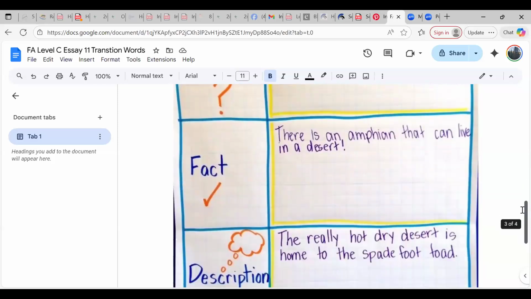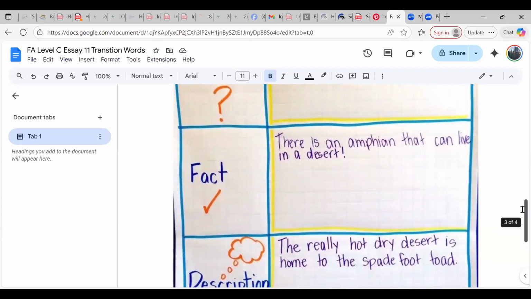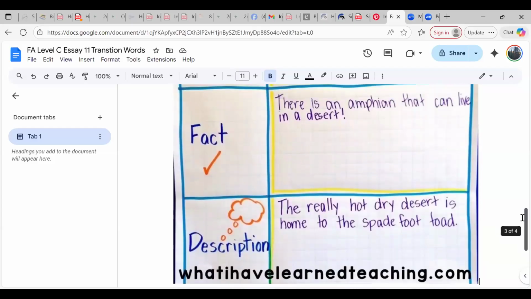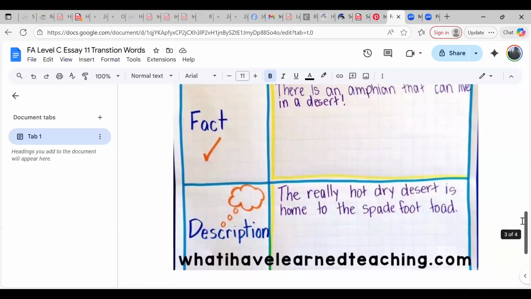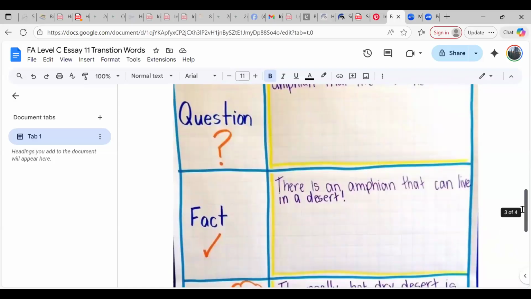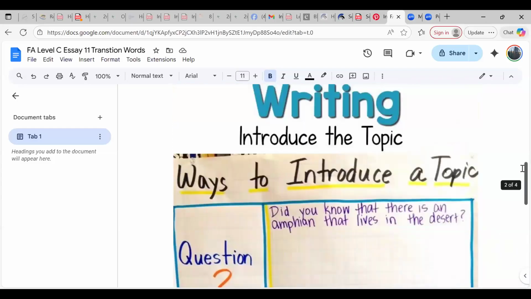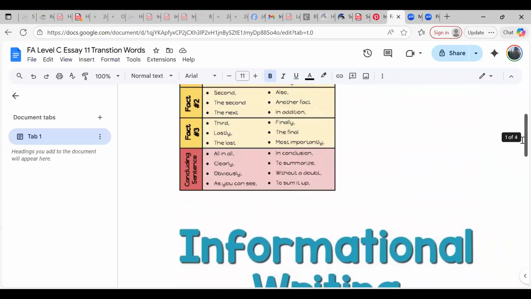We can use a fact: there's an amphibian that can live in a desert, or a description: the really hot desert is home to a spadefoot toad. So those three here, I would like you to choose one to use for your lead today for your essay.